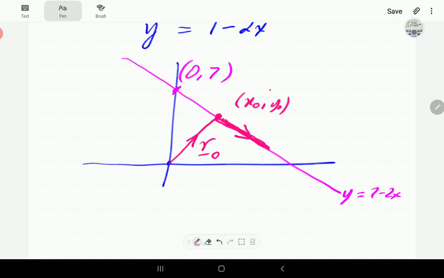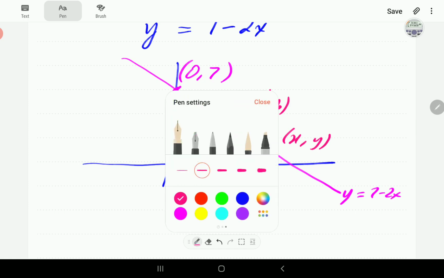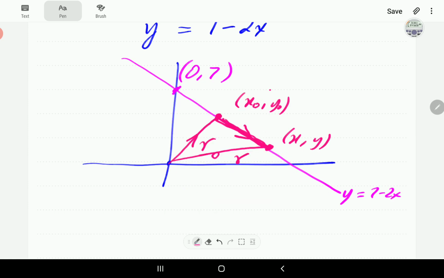When you add these two vectors, the final vector is this one, which we're going to call r. So r is the position vector of (x, y), and we want to construct it such that (x, y) is always along this line. r0 we can choose to be any point on this line.